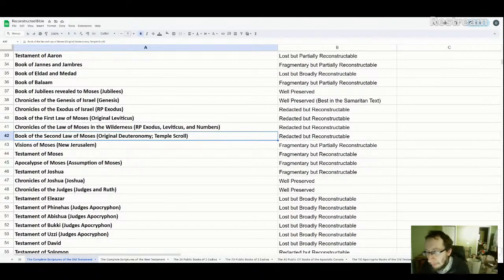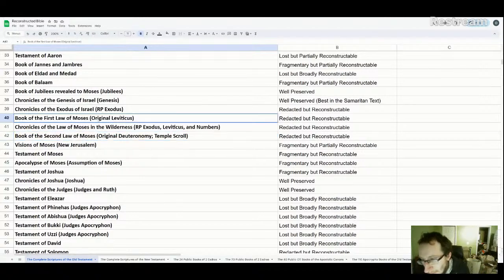So I'm following this basic structure in my reconstruction of the book of the first law. If you look in Deuteronomy chapter 1, it starts off talking about where he chose leaders to handle disputes. And that's roughly where I start with the book of the first law.